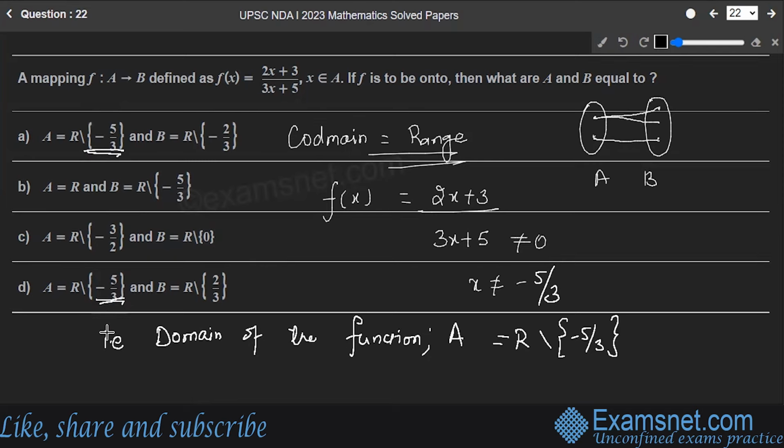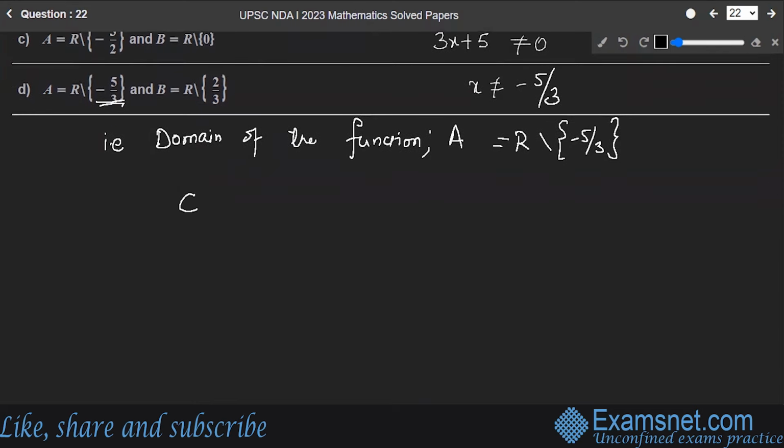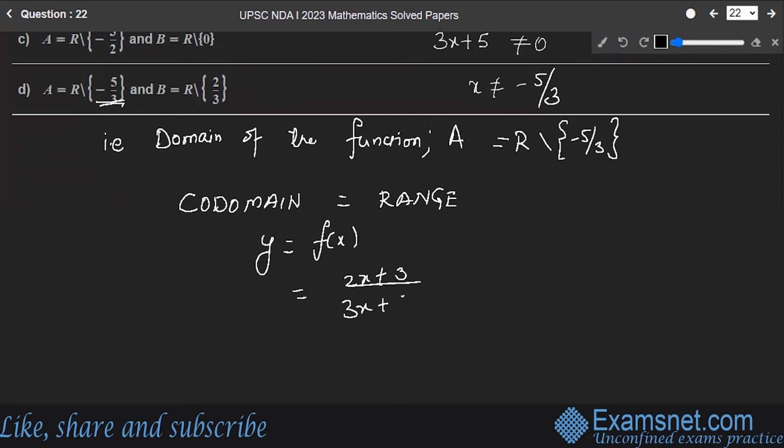Now, since the function is onto, we already talked about it that codomain is equal to range. Let y is equal to f(x), which was equal to (2x plus 3) upon (3x plus 5). This was equal to y.